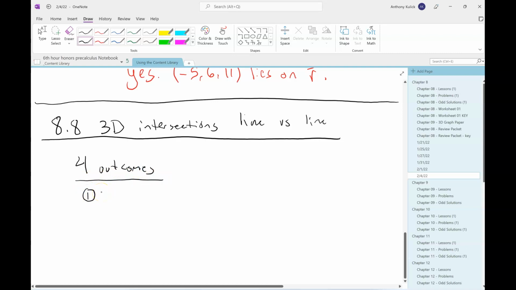So 2 lines in 3 dimensions can intersect at a single point. Not surprising.